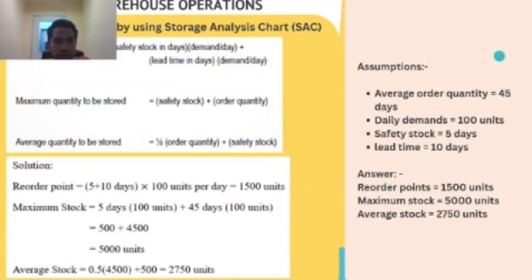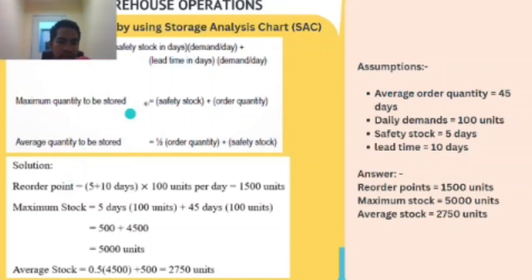And then for chapter 7, we use SAC, the storage analysis chart. By this formula, we can calculate the reorder point, maximum quantity to be stored, and average quantity to be stored. Several assumptions are made, which are order quantity, daily demand, safety stock, and lead time.